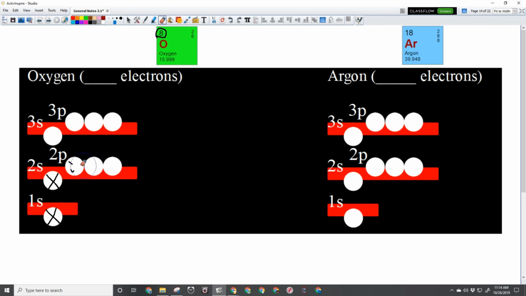Okay, so 5, 6, 7, 8. All right, so argon, 18 electrons right here. So we're going to have to do 1, 2, 3, 4, 5, 6, 7, 8, 9, 10, 11, 12, 13, 14, 15, 16, 17, 18.